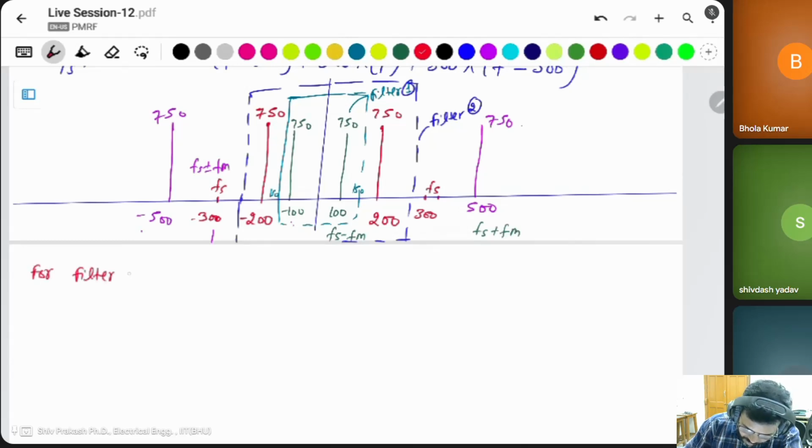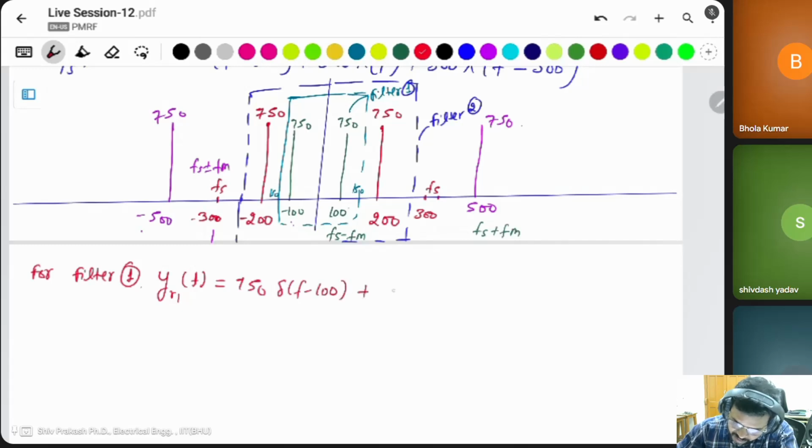For filter 1, y_r1(t), first response 750, this will be 750 into del f minus 100 plus this one 750 del f plus 100.